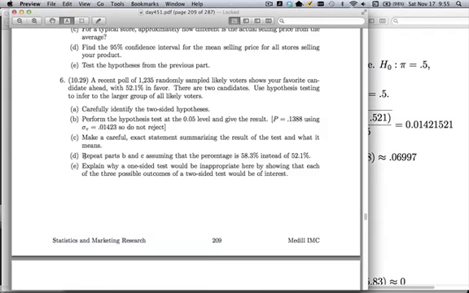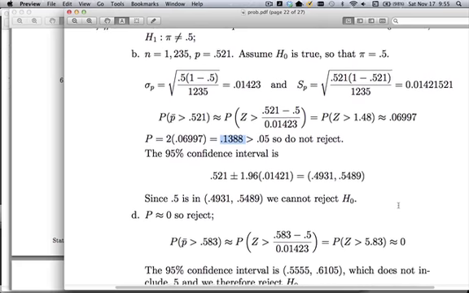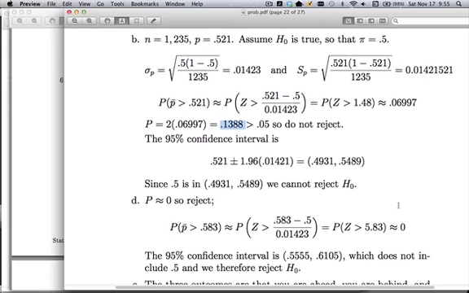Now, part D says repeat parts B and C, assuming that the percentage is 58% rather than 52%. So let's go do that. Notice that the math is the same. What's the chance that I observe a p greater than 0.583?